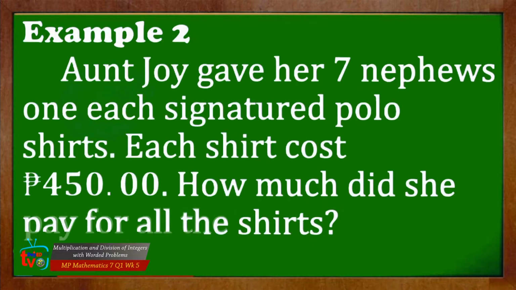Example number 2. Aunt Joy gave her 7 nephews one each signatured polo shirts. Each shirt cost 450 pesos. How much did she pay for all the t-shirts? For the solution, there are 7 nephews of Aunt Joy.